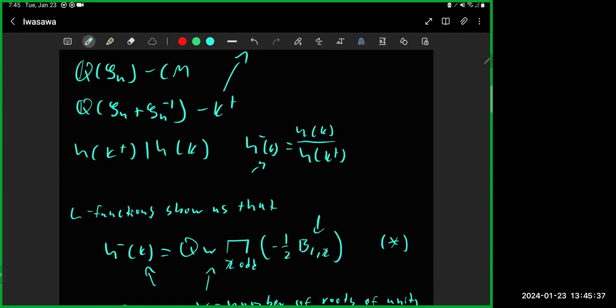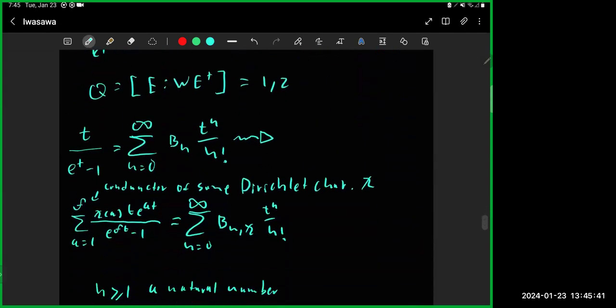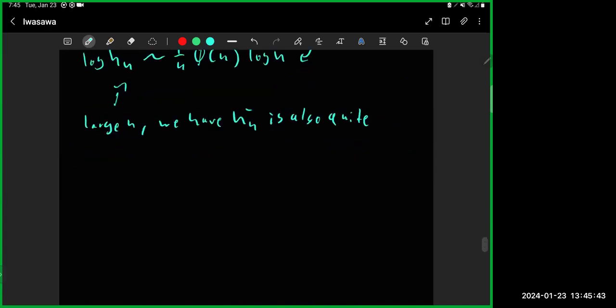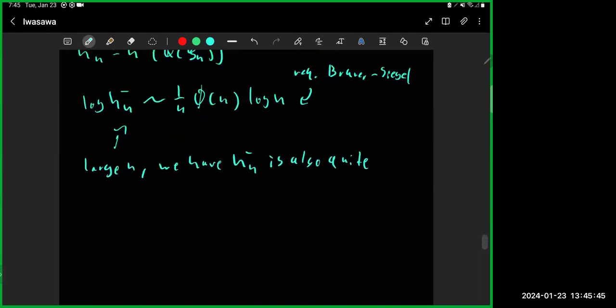That's kind of the point of the p-adics anyway. So there are a lot of ways to define the p-adic L-function, and there are two primary ways.